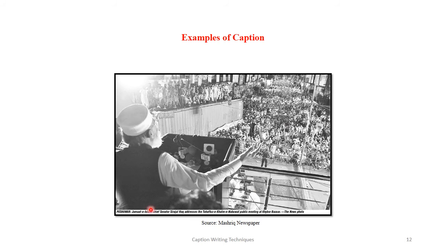Look at this example. We came to know that a caption explains the picture. It is quite true, because if we remove this caption from this photograph, we will not be able to judge the true essence or meaning of the picture.